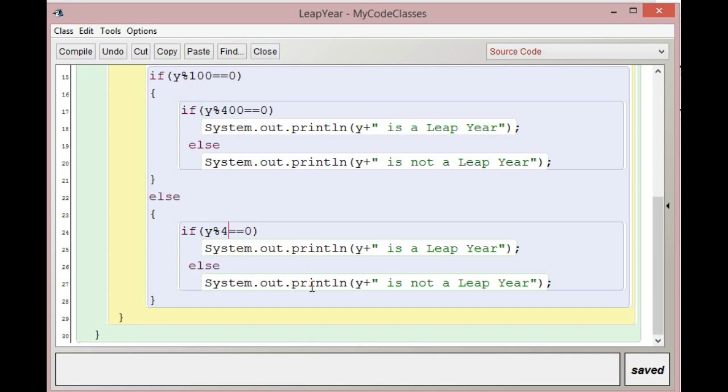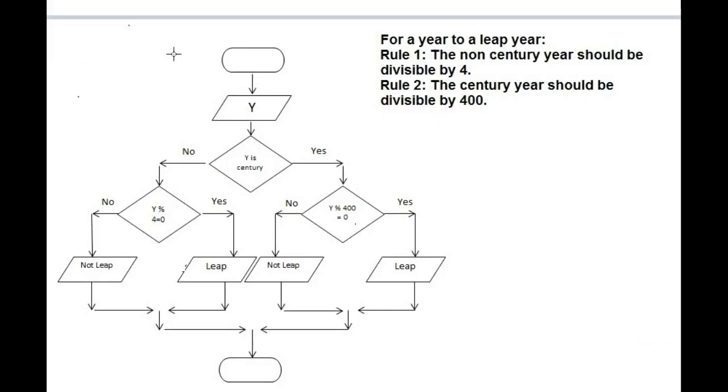Now something needs to be seen. If I consider this case, here you will notice that definitely there are 4 branches which are coming out, but basically there are 2 sets of inputs. That is, in 2 cases it is a leap year and in 2 cases it is a non-leap year.